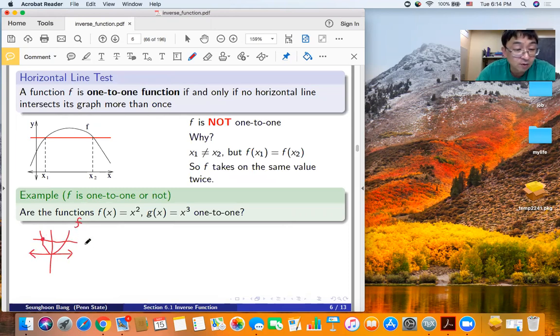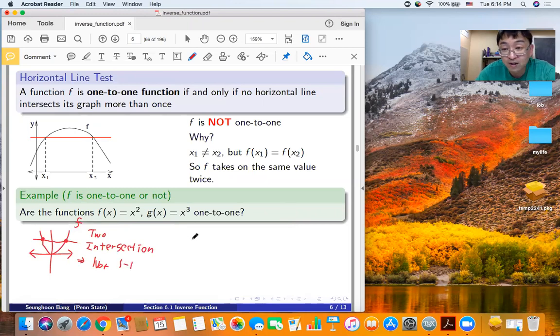We have two intersection points. So it is not one-to-one.